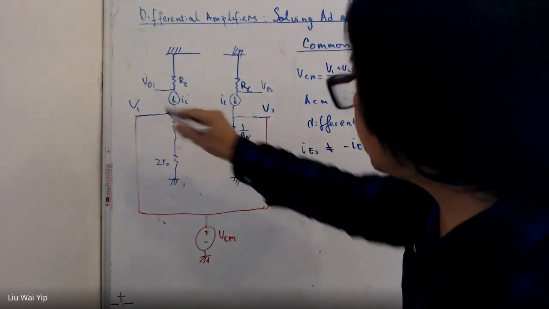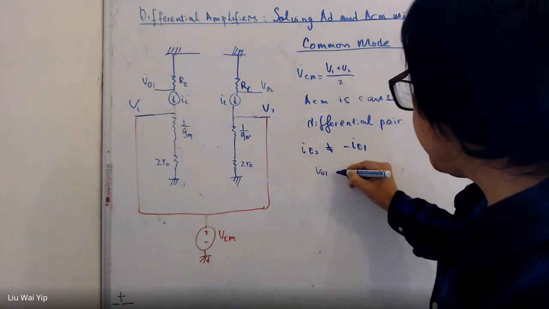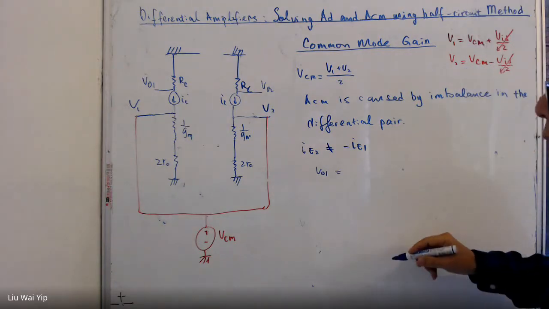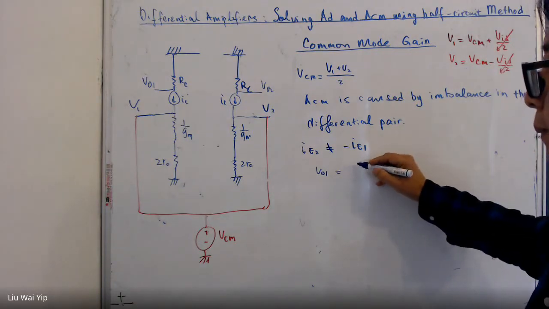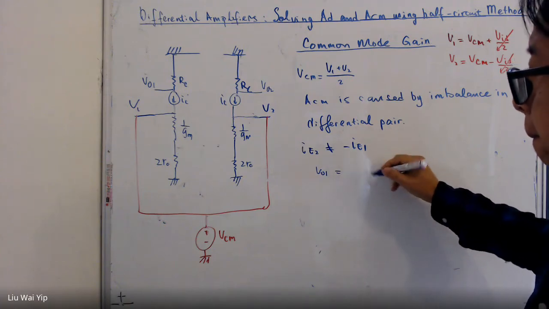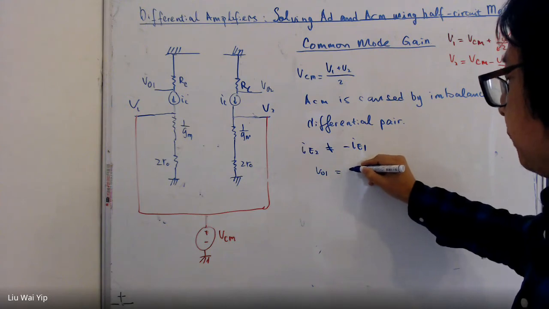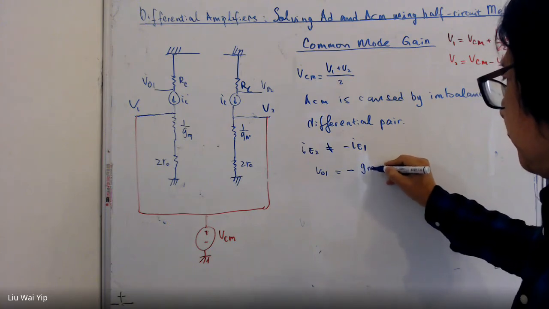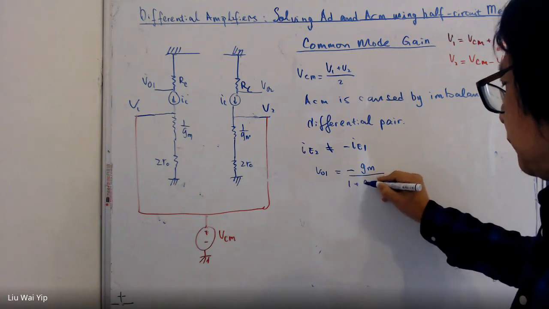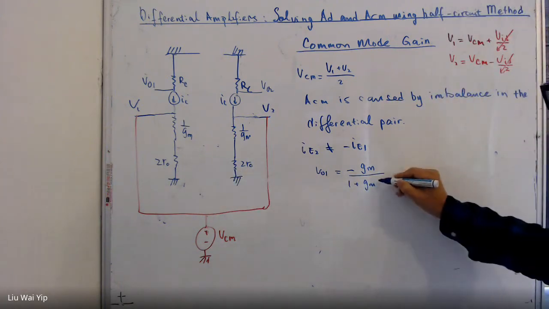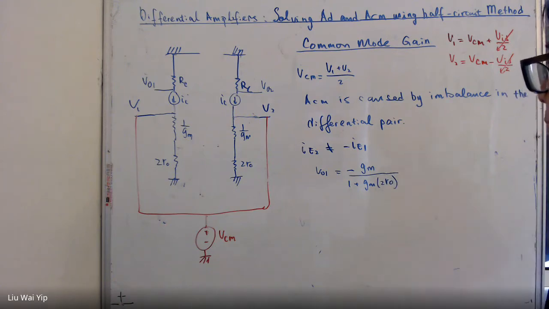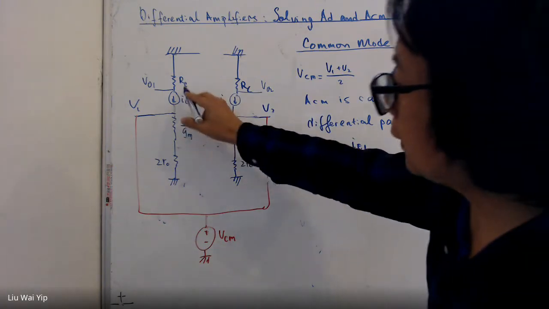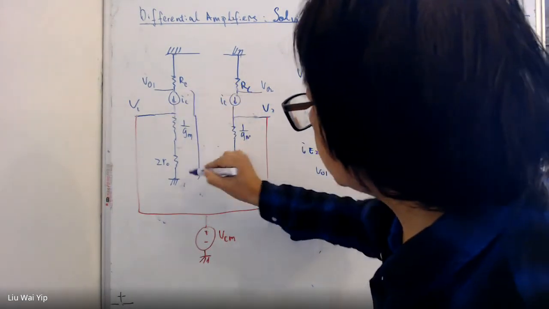Now, VO1, based on this circuit, VO1 is equal to VCM times minus gm over 1 plus gm, and then the tail resistance 2R0, and the resistance RC in parallel with the total resistance in here.